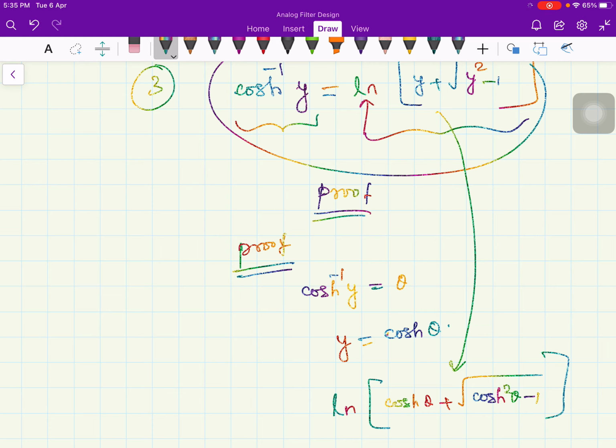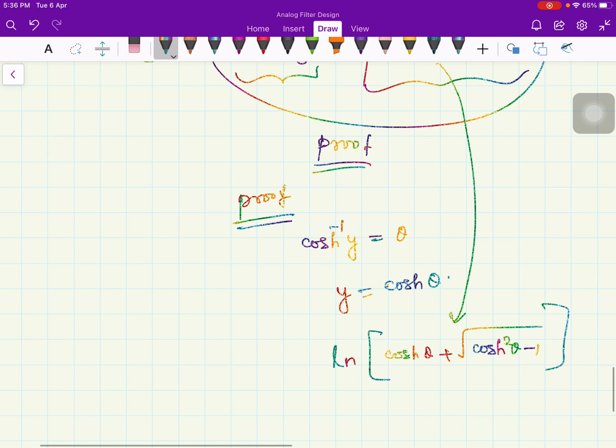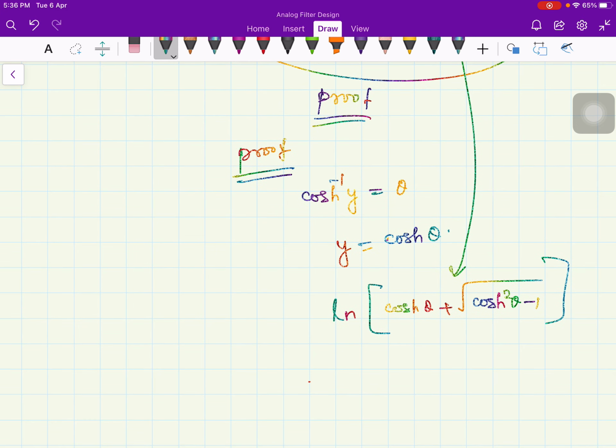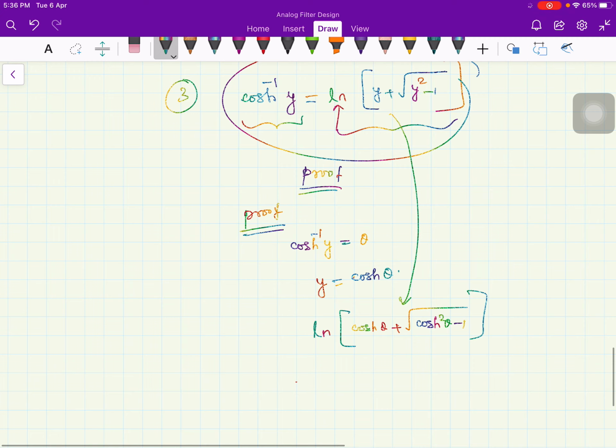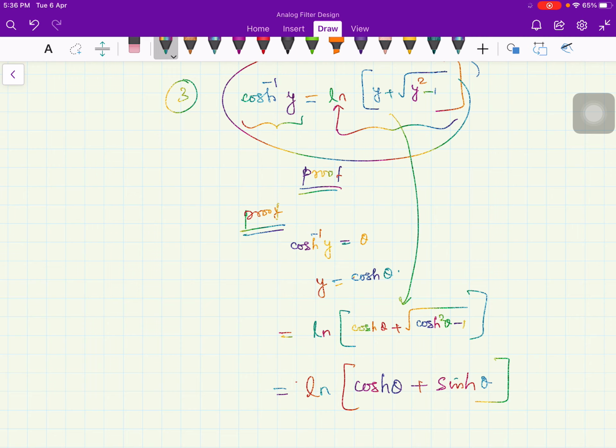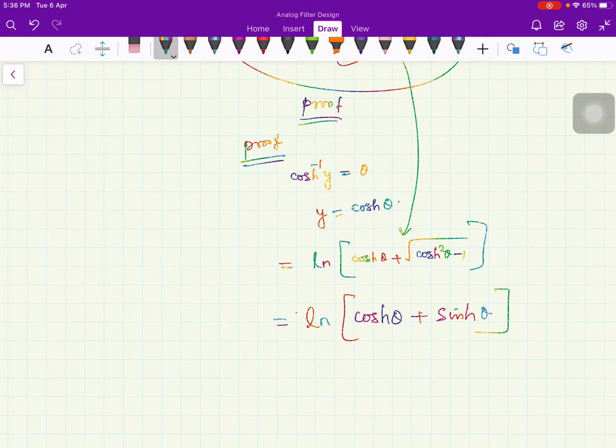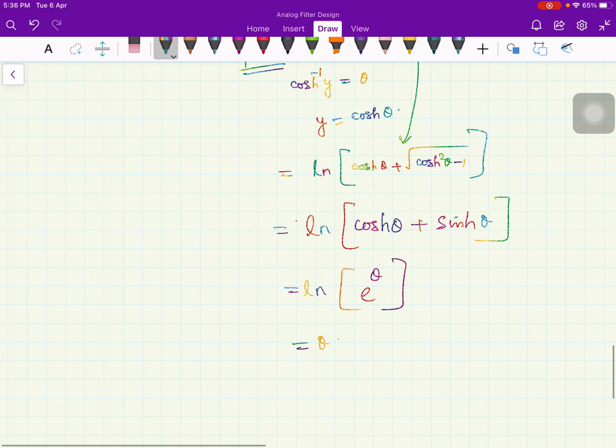Cos squared theta minus 1 is sinh squared theta, so the square root becomes sinh theta. Now cosh theta plus sinh theta is e to the theta, so the ln gives theta.